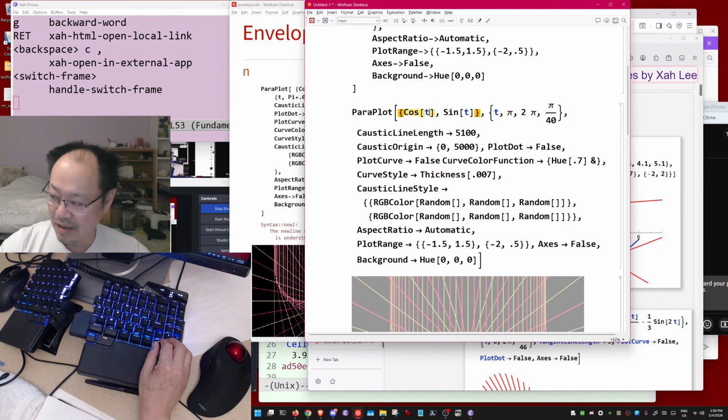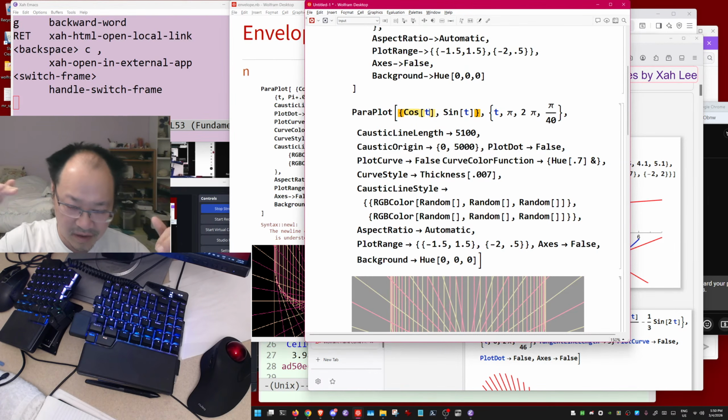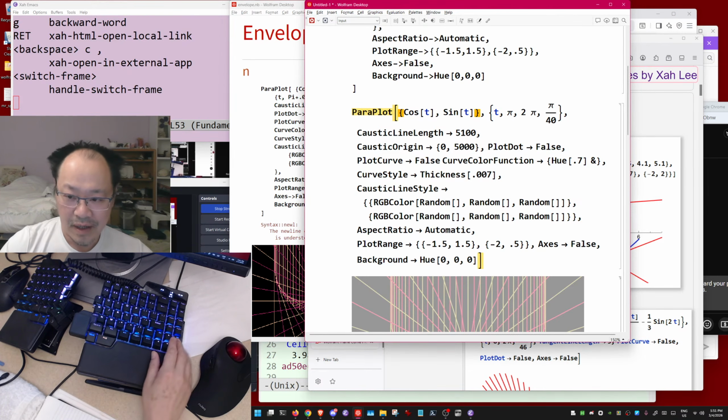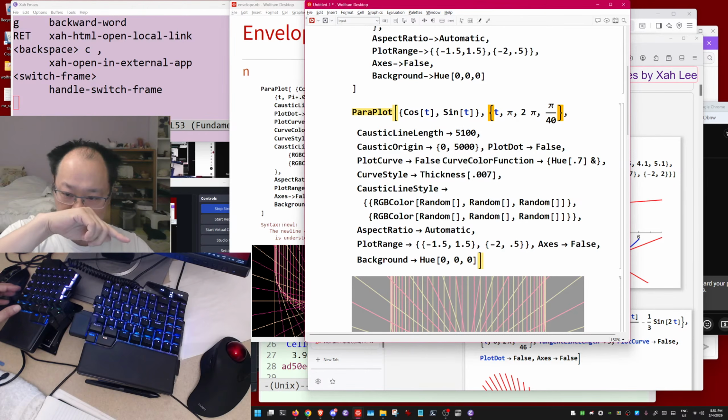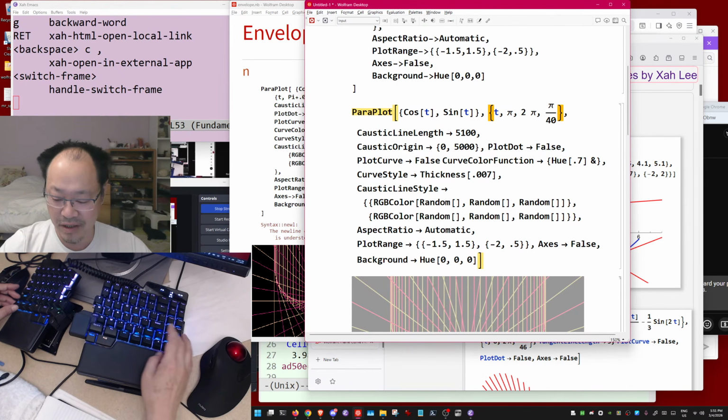Cosine t is the number for the x coordinate, sine t is the number for the y coordinate. And t is time. You can think of it as time. So t goes from pi to 2 pi in steps of pi over 40. So 40 steps, okay? We go over half pi in 40 steps.